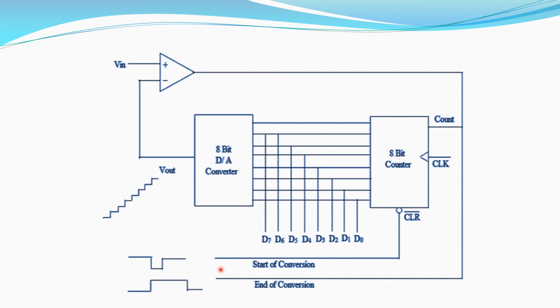This clears the counter and a new cycle begins. When the digital data is ready, the end of the conversion signal has a falling edge again. For convenience, an 8-bit digital to analog converter and 8-bit counter are used here, but this idea can be applied to any number of bits.